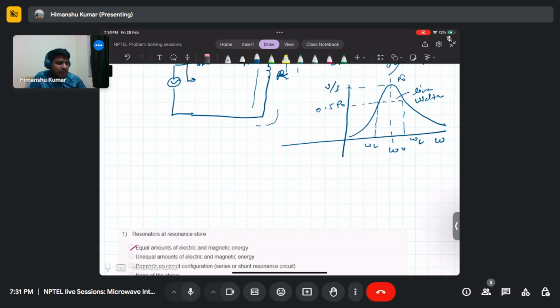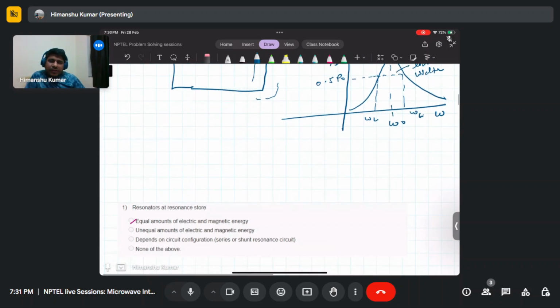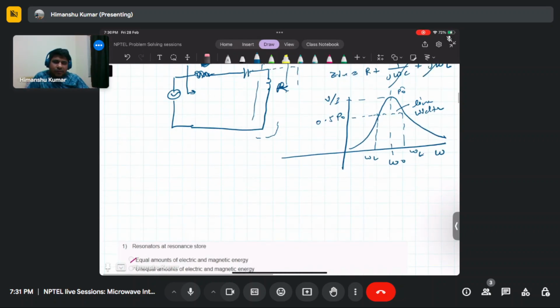The main feature of this resonance is the quality factor, which equals omega naught divided by delta omega. So 1 by Q is delta omega by omega naught, and this is known as the fractional bandwidth.